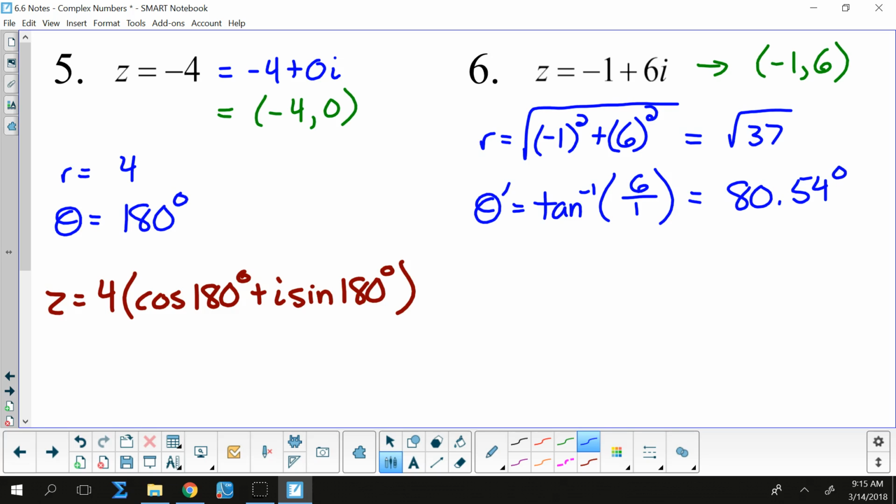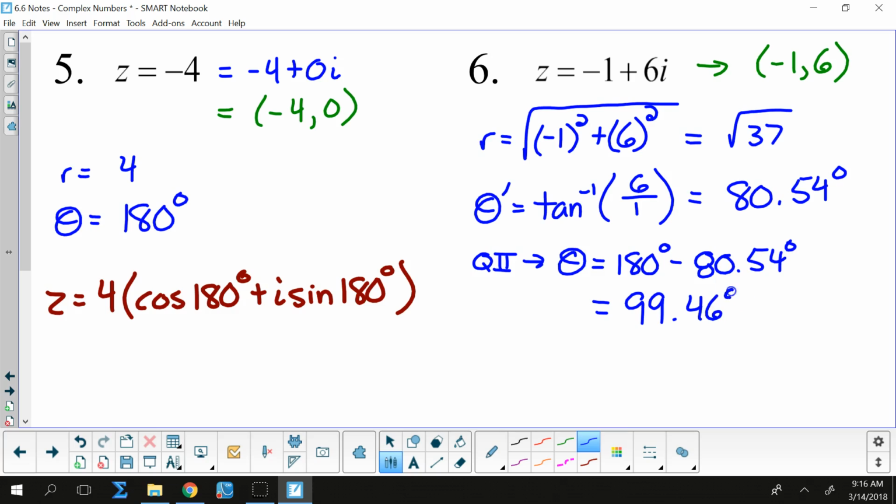Which quadrant am I in? I'm in the second quadrant. So because I am in quadrant number 2, my actual theta is going to be 180 degrees minus 80.54 degrees. So what's that? 99.46? Yes?